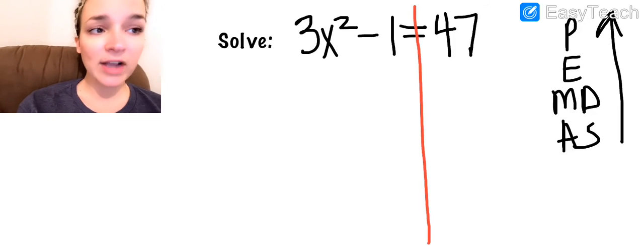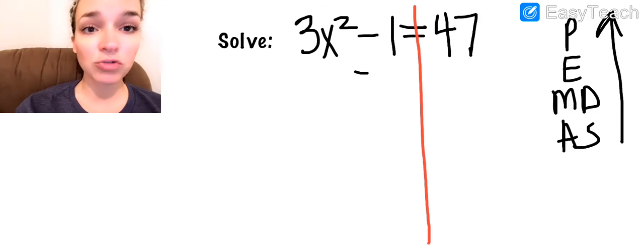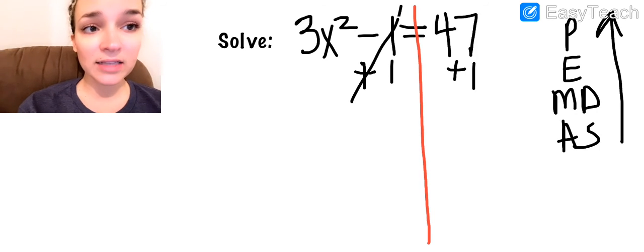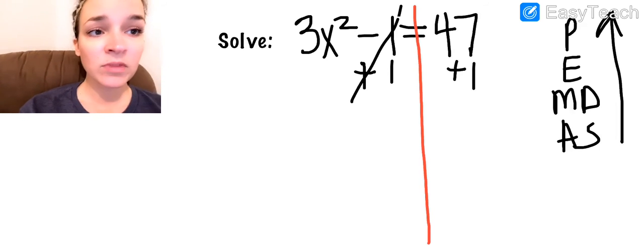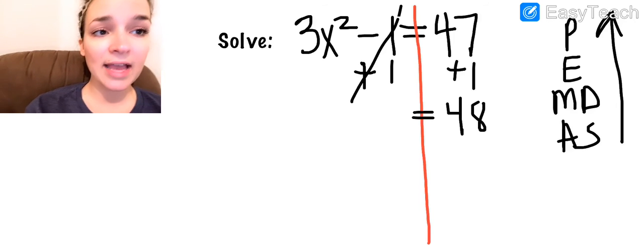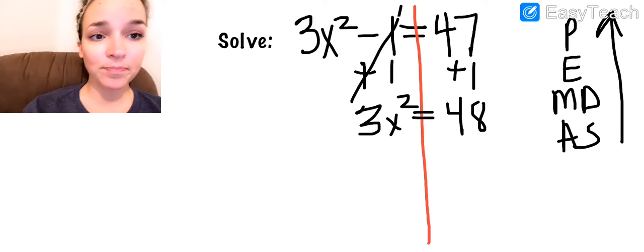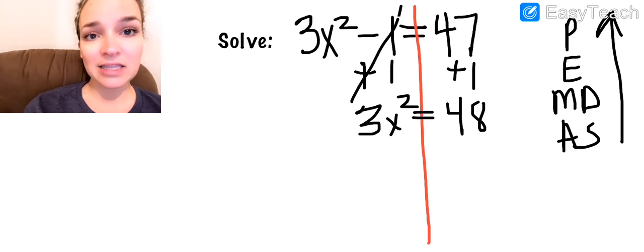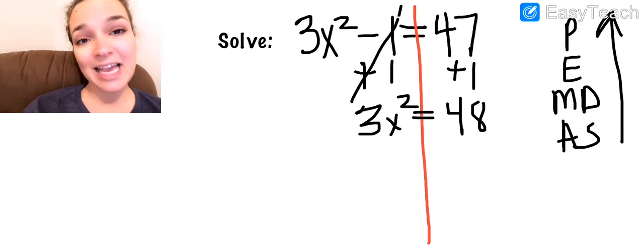If I see subtraction happening, that's going to be at the bottom. So I'm going to undo that first by doing the opposite, which is to add 1. Cancel my -1, and then 47 plus 1 would equal 48. So then I've still got 3x squared over here. The next thing that I see happening is multiplication.